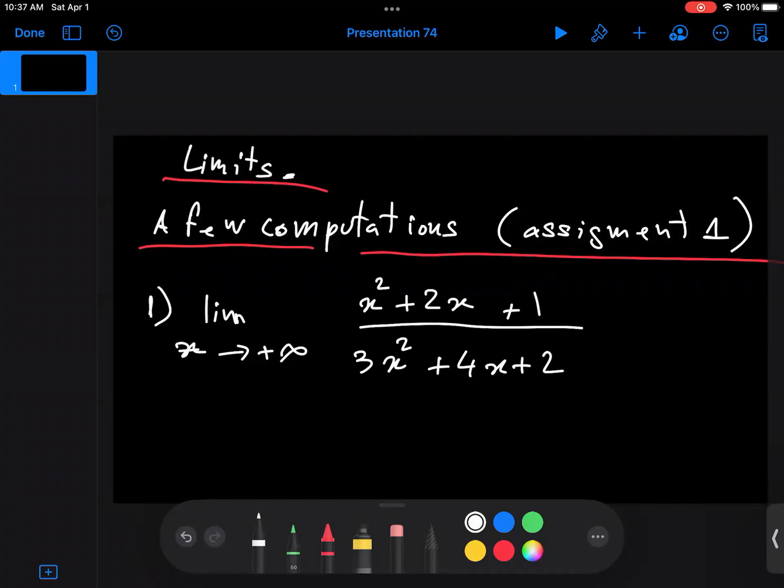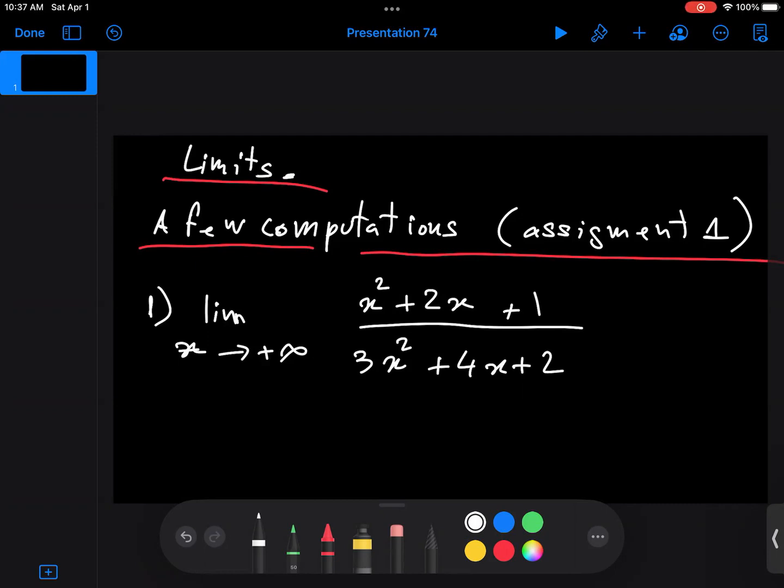Does somebody know? In fact, somebody who is exercised to do that can find this limit in 1 second. Maybe somebody of you knows.